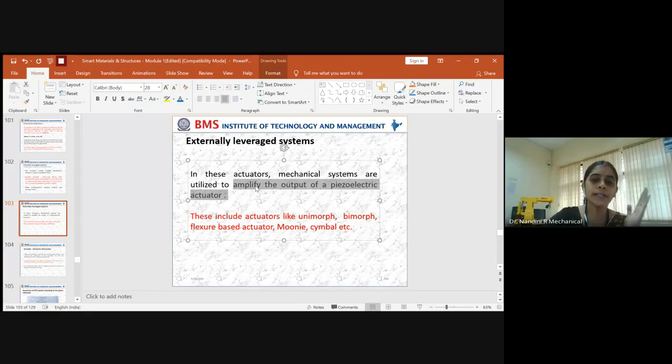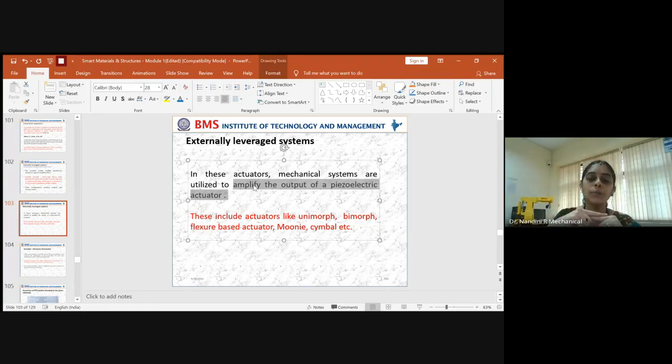That means you subject some mechanical load, your force, your pressure, on the given piezoelectric stack so that it enhances the voltage which comes out of the piezoelectric element. This is mainly for the direct effect of the piezoelectric system. Here also you have n number of layers of piezoelectric. Here the layers of piezoelectric are called unimorph if you have a single patch of piezoelectric on the given structure.